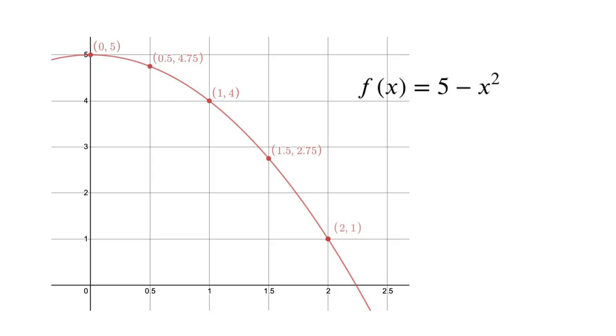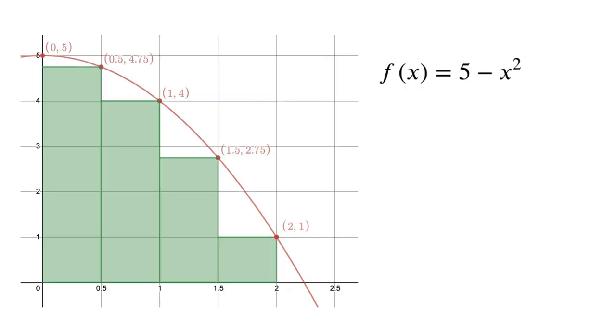And if you remember, we have a couple different ways that we can draw a rectangle. We can use what we call a right-handed rectangle, where we take our values and draw rectangles from the right point of each one of the intervals. So in this case, I would give you directions. I would say estimate the definite integral from 0 to 2 using 4 rectangles of equal width.